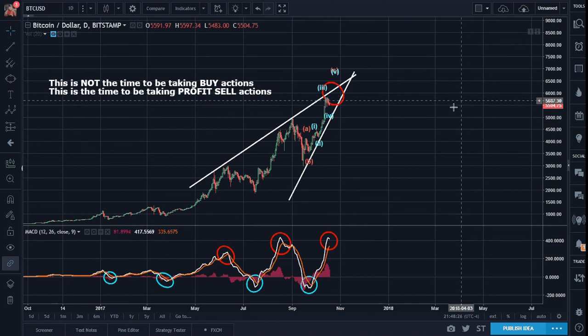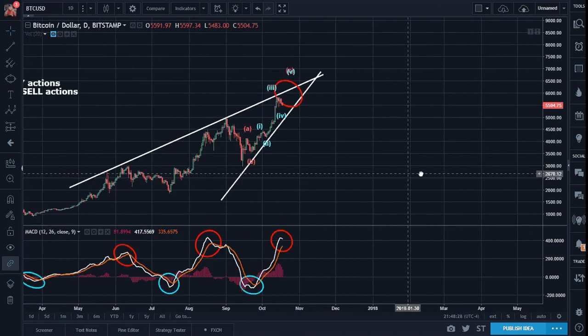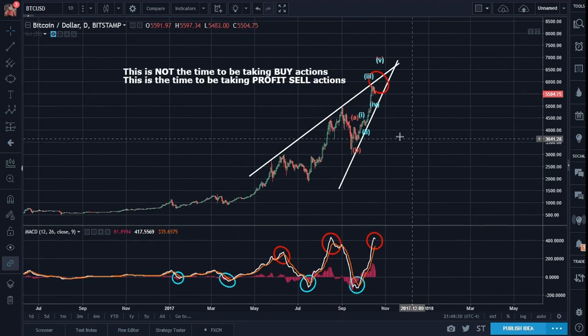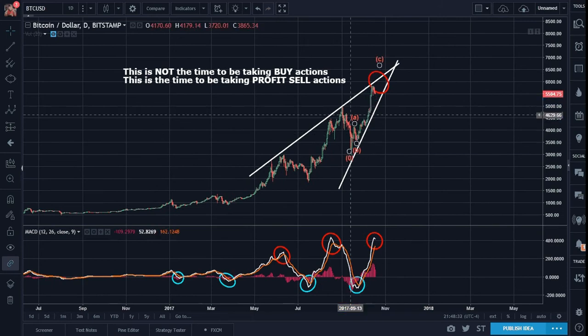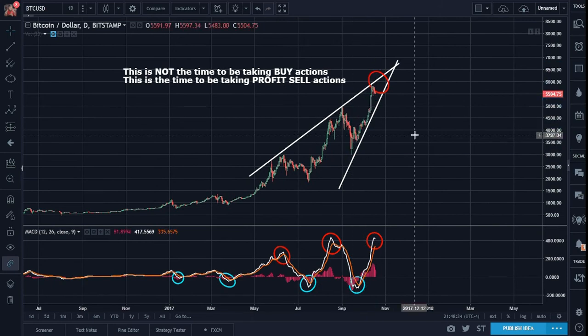I'm not going to leave it there because it's going to make it look very, very messy. It's too many subwaves. But I think what I just labeled, you should get the understanding and the idea.